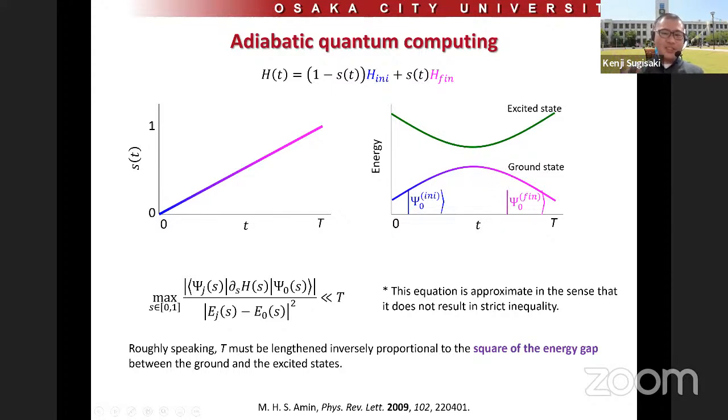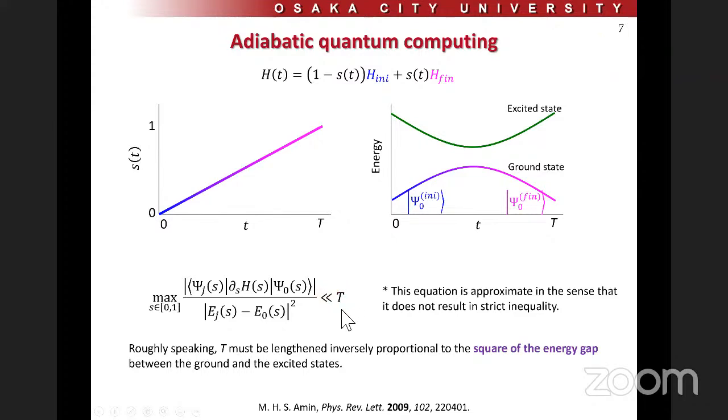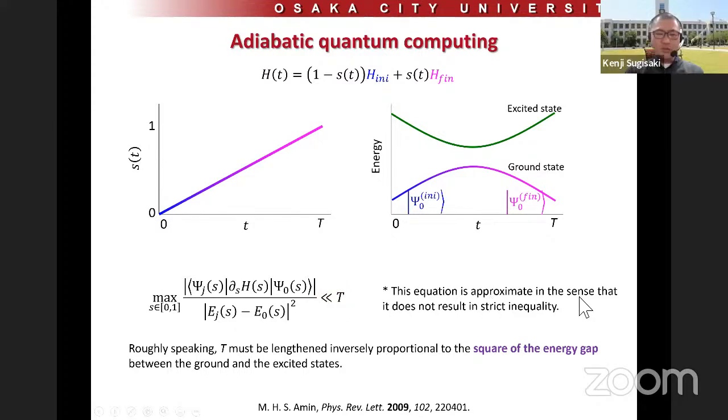So it depends on the system. Roughly speaking, this is just an inequality, and it is approximate, because it does not result in a strict inequality.